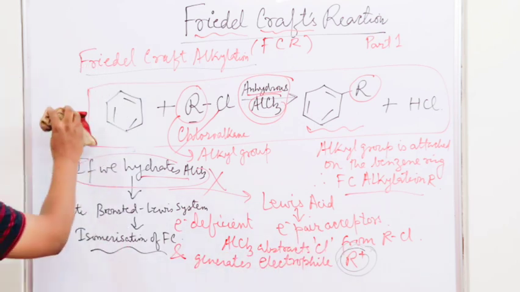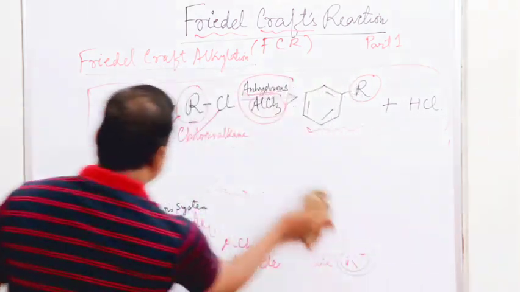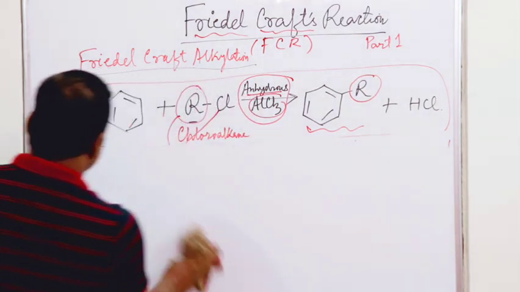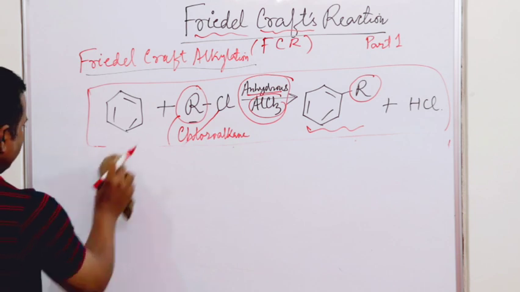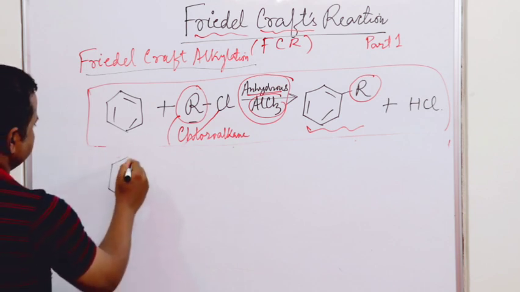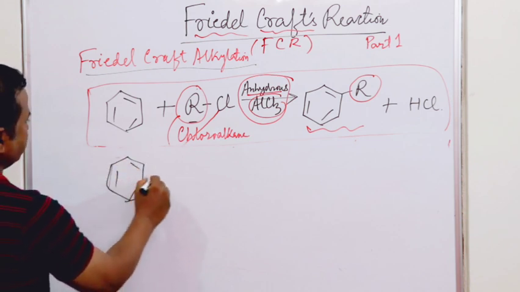Now let's see some more examples. Suppose this R could be a methyl group or ethyl group. This is a benzene ring.